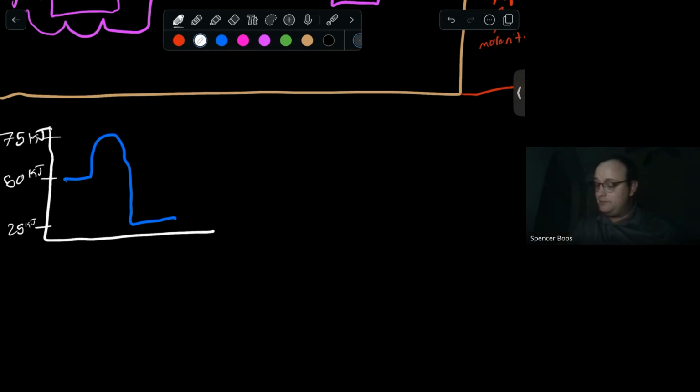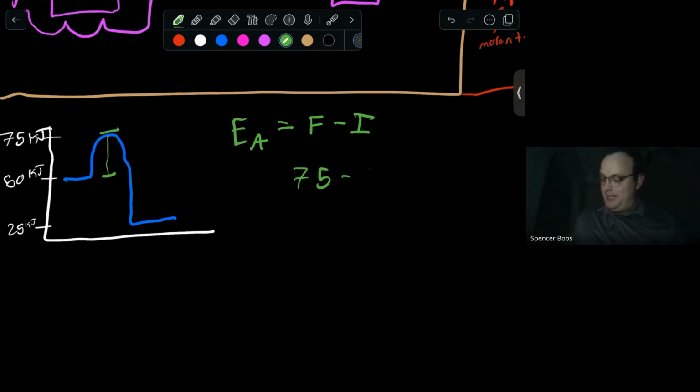Activation energy, if you recall, is how much energy it takes to get to that bump right there. So activation energy is equal to final minus initial. In this case, it'd be 75 minus 50. So EA is equal to 25 kilojoules.